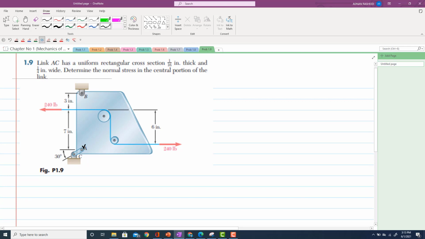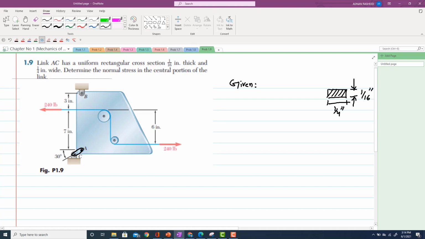In this support you can see that there is a link AC, and it is given that link AC has a uniform cross section. If you have a cross section like this, a cross-sectional view, you will see that its width is 1/4 inch and its thickness is 1/16 inch.